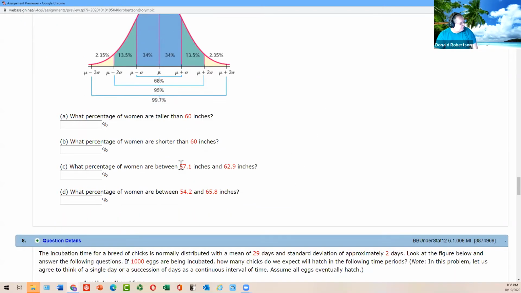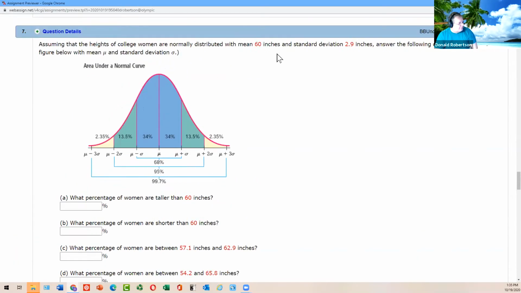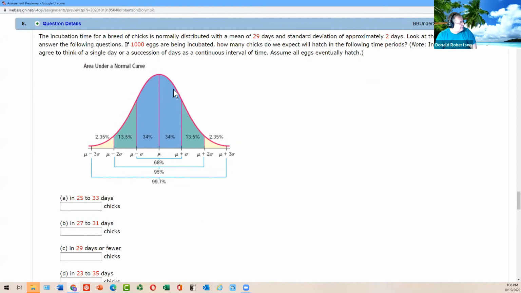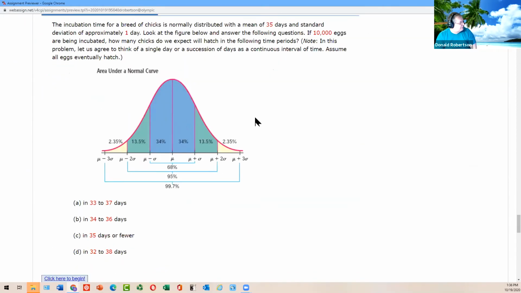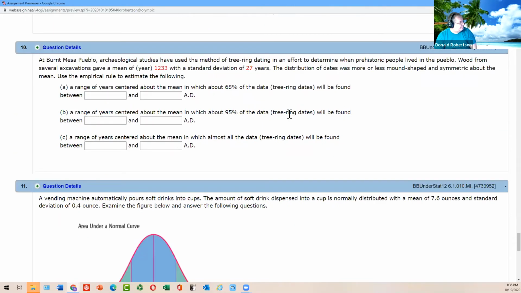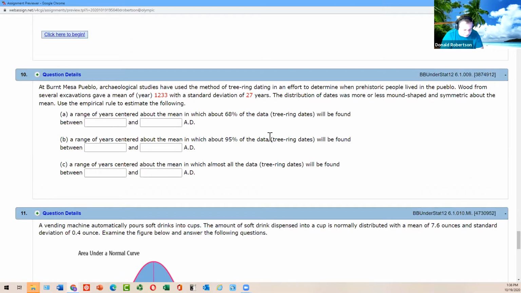So if you wanted to do 57.1 to 62.9, wouldn't you make this one 60 and then go up in 2.9s? And from 60 go down 2.9s. And then you'd know which pieces, it's this piece plus this piece kind of trick, and you're done. So we have covered that. There's another question, same idea, third one. Okay, I think I'll do 10.